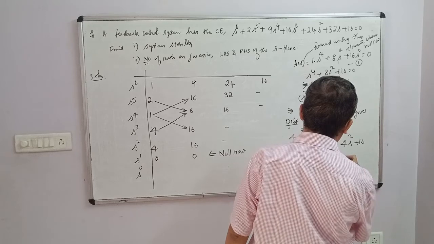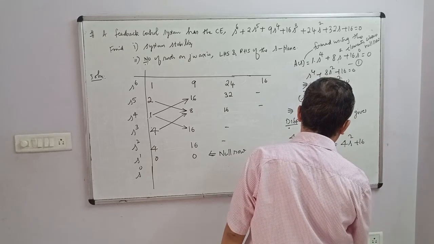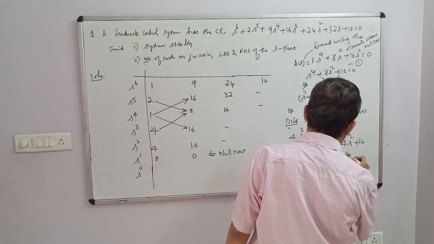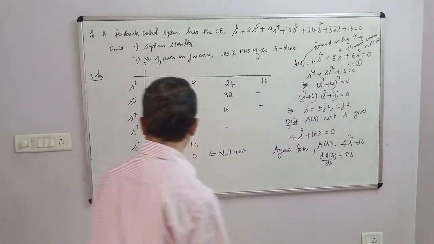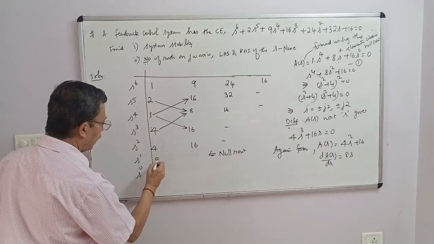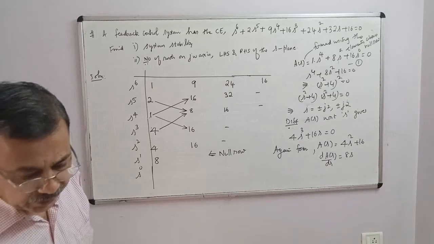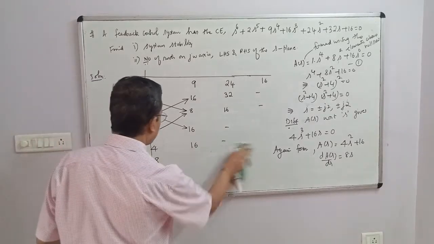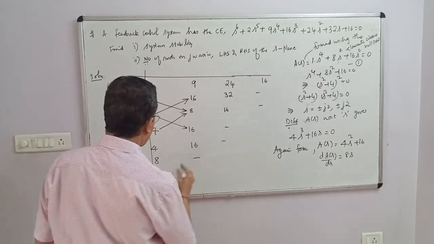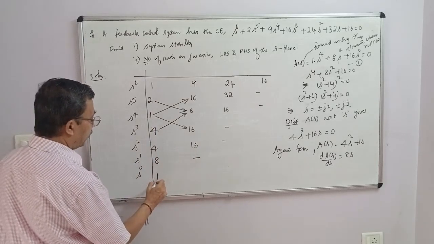This implies dA of s by ds is equal to 8s. So this 0 is replaced by 8. Write it once again. This is nil. So 8 into 16 minus 4 into 0 by 8 is 16.